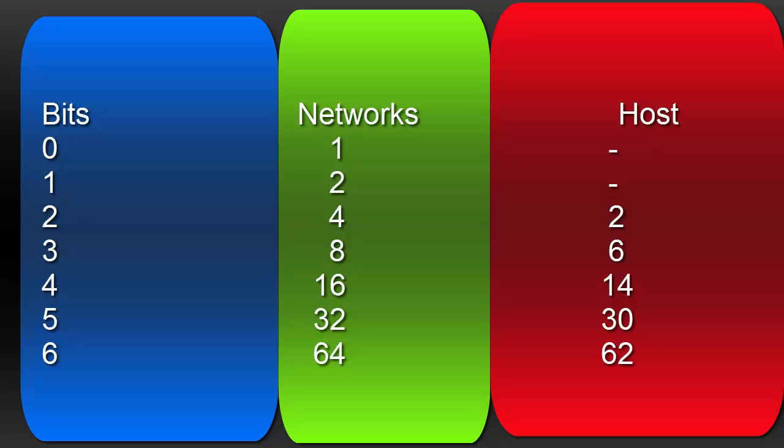On the bits, just start with 0 and add 1 to each line, so 1, 2, 3, 4, and so on. Then on the networks, start with 1 and then double it. So 1, 2, 4, 8, 16, 32, 64, 128, and so on and so on.